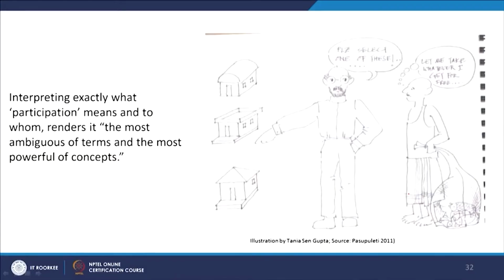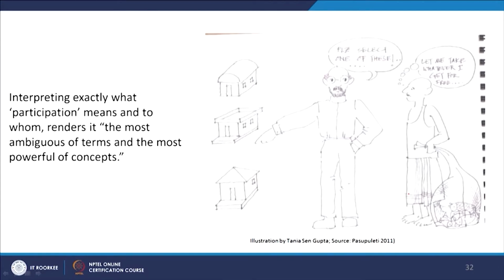And we talk about participatory methods. In many cases, we can see that we've developed the models and we say, please select one, we are giving you a choice. And then the poor man thinks, oh, let me take whatever I get for free. His situation is different before disaster and after disaster.